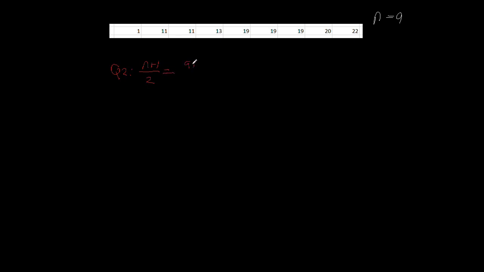So that's (9+1)/2, which is 10/2, which is equal to 5. So our median is going to be the fifth number: 1, 2, 3, 4, 5. That's right here, so this is our median, or our Q2.